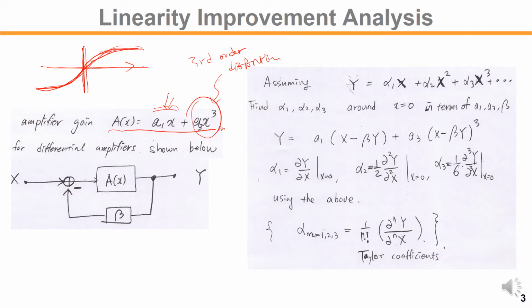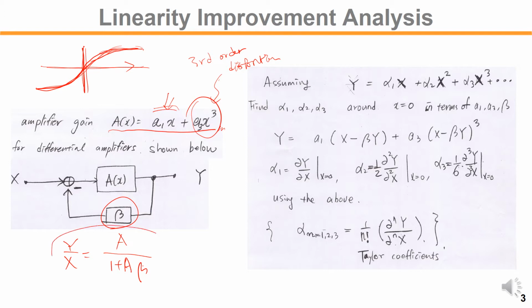And then we apply the beta here. Now we can calculate the overall closed loop equation, right? So we know that the gain is A over 1 plus A times beta, right?